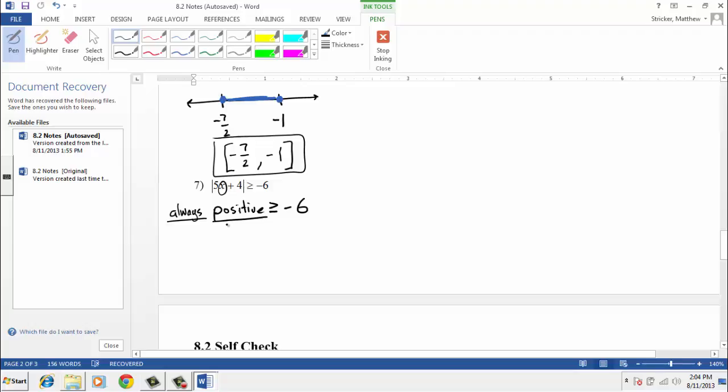And positive numbers are always bigger than negative ones, including -6, which means that our answer in this case is -infinity to infinity. It's all real numbers. It doesn't matter what x we plug in. It could be any x from -infinity to +infinity. We're always going to have a true answer.